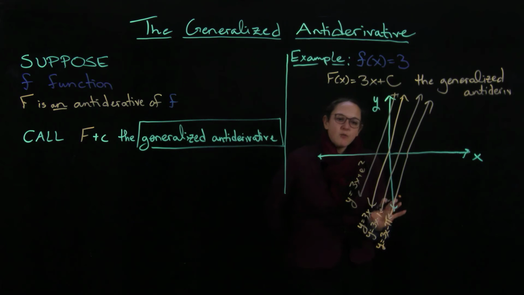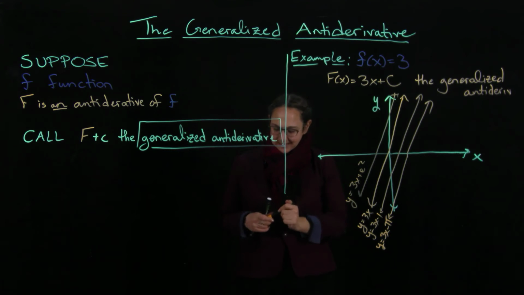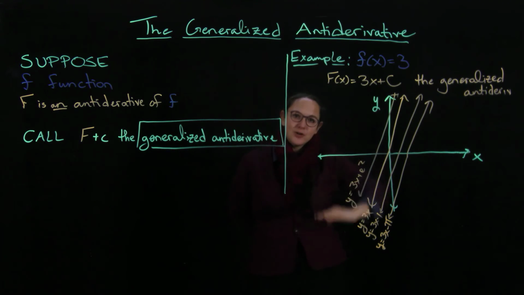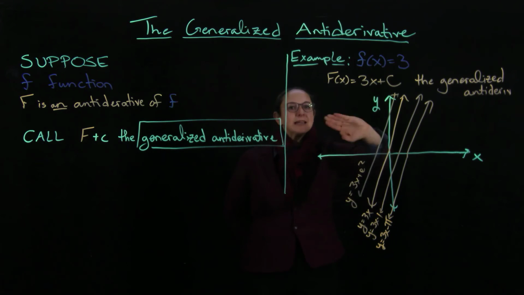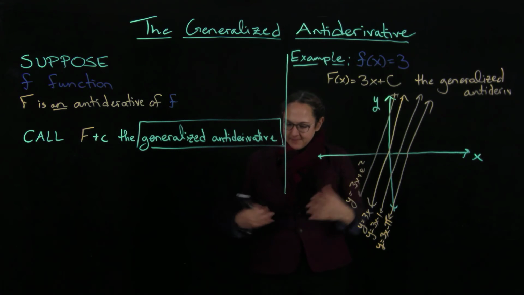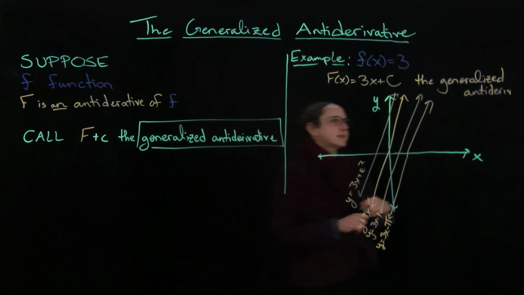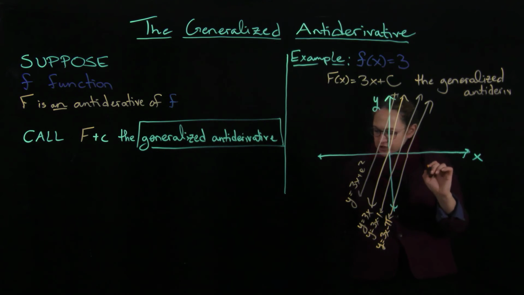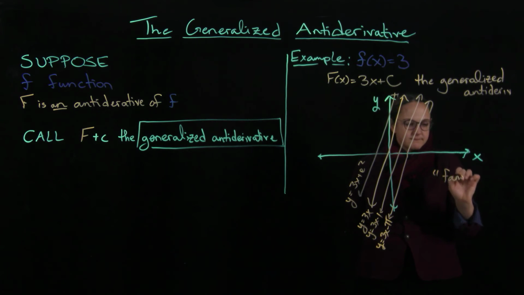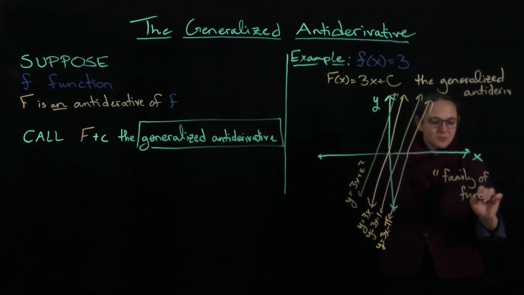But the point is, what happens when I add a constant to functions like this? It just shifts the graph vertically. And that's precisely why the generalized antiderivative is called a family of antiderivatives. This is a family of functions, a collection of functions all together.